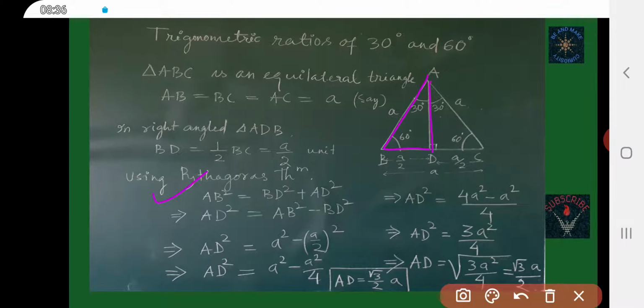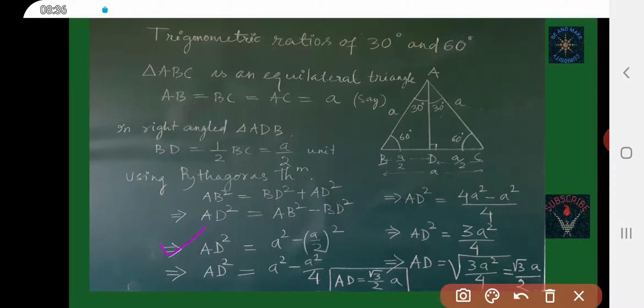We can write AB square is equal to BD square plus AD square. And AD square is equal to AB square minus BD square.